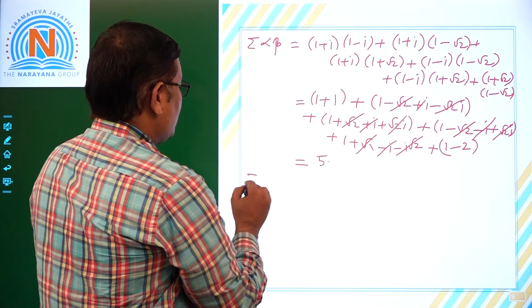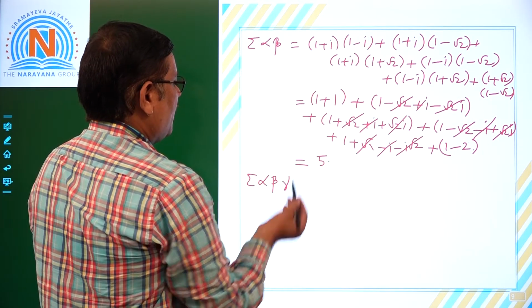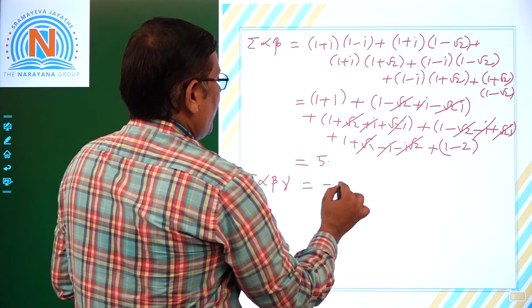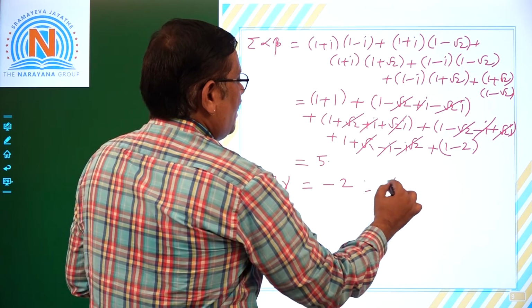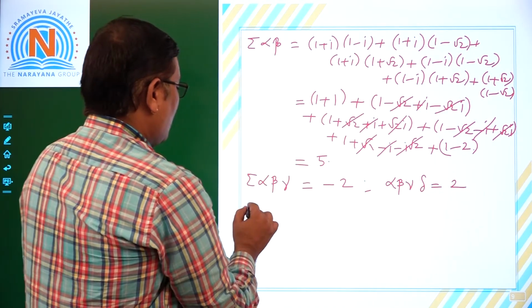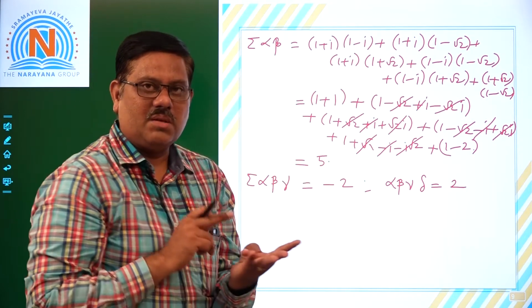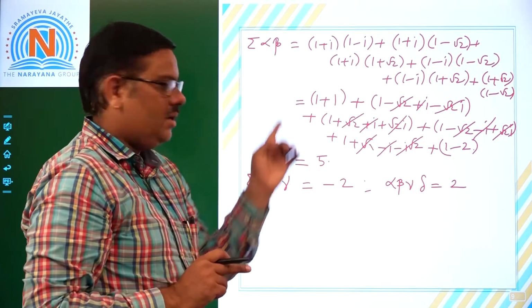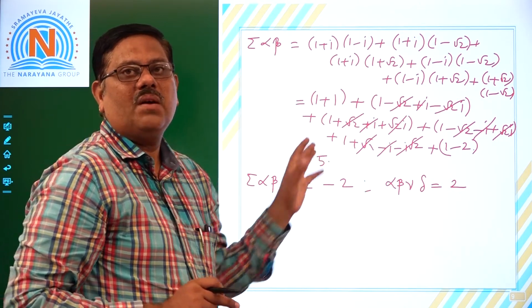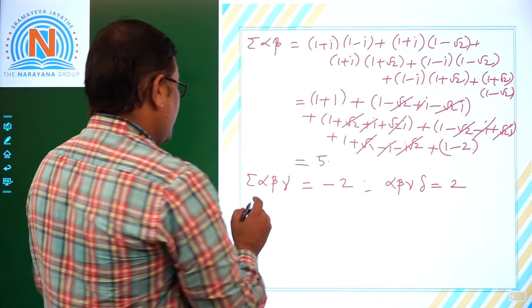Now we have to find sigma alpha beta gamma. Similarly, if you find sigma alpha beta gamma, that is going to be minus 2. Similarly, you can find alpha beta gamma delta. That is nothing but 2. Okay. So we have sigma alpha, sigma alpha beta, sigma alpha beta gamma, alpha beta gamma delta. With these, what is the equation?